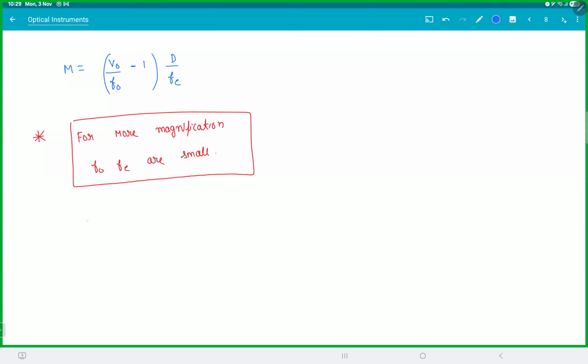Now what NCERT did: because F naught is small, V naught by F naught minus 1 is approximately V naught by F naught. Since F naught is small. And we know length is equal to V naught plus Fe. This is also approximately V naught because Fe is small.